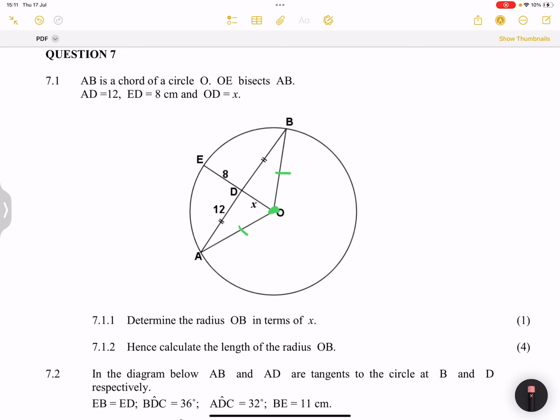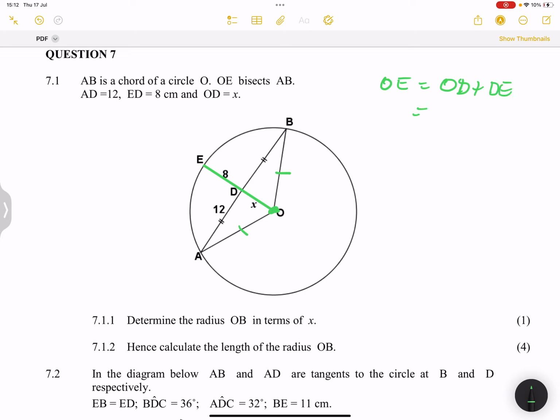They say determine the radius OB in terms of X. So if I look at it, just like I said to you, that's the radius. And you remember that ED is 8 and OD is X. So I know that OE would be equal to OD plus DE.